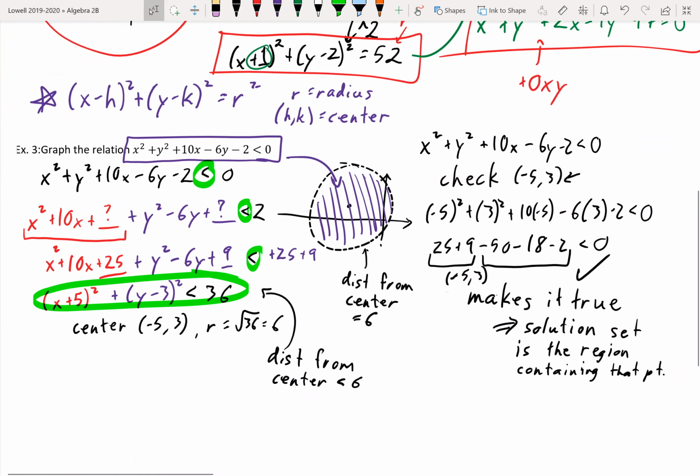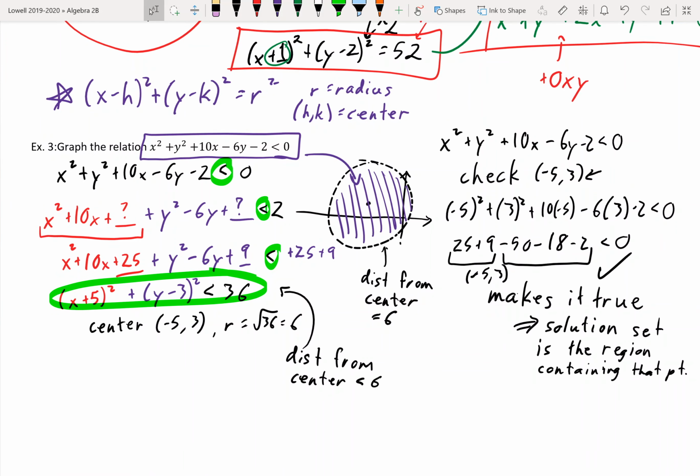So hopefully this is a broad enough example to cover, one, how to sketch a circle from the equation when it's not given in a nice, easy circular equation form like up here, and also a refresher on how to graph inequalities.